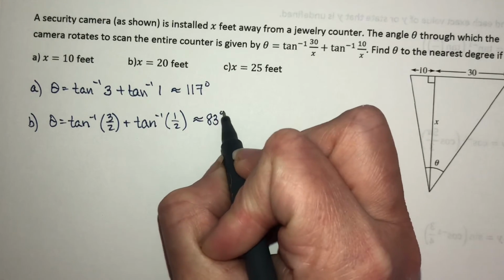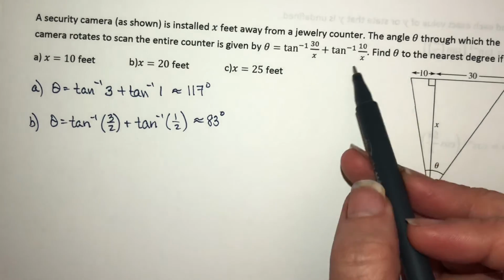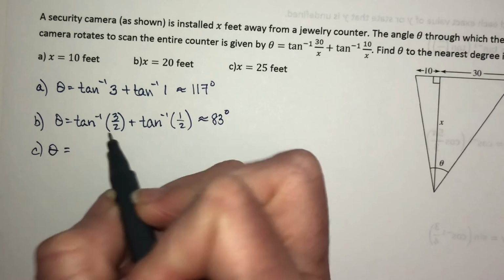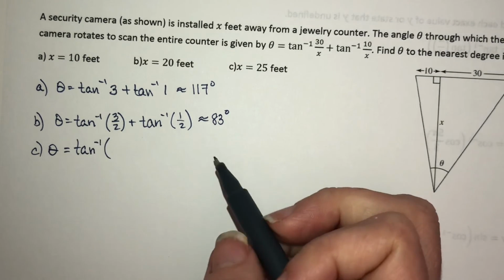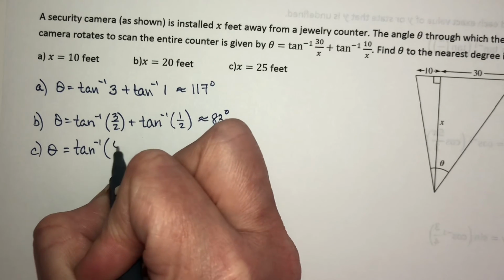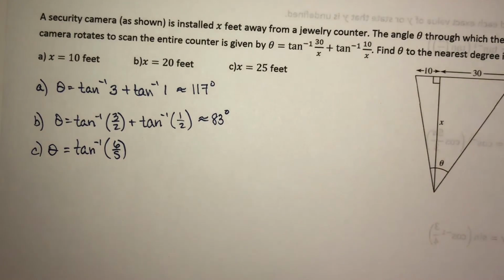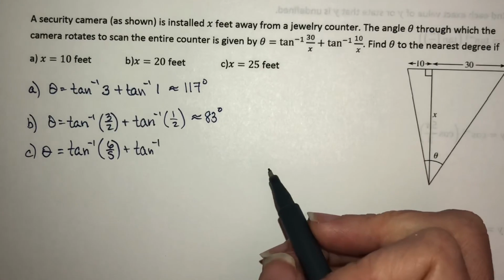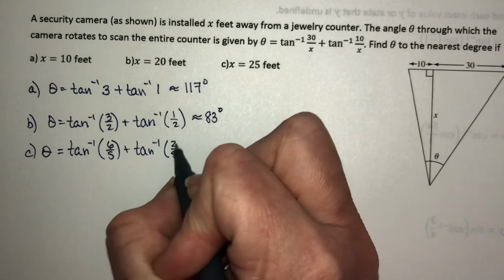Okay, and then finally, we're going to plug in 25. Inverse tangent of 30 over 25, which reduces to 6/5, and then inverse tangent of 10 over 25, that's 2/5.